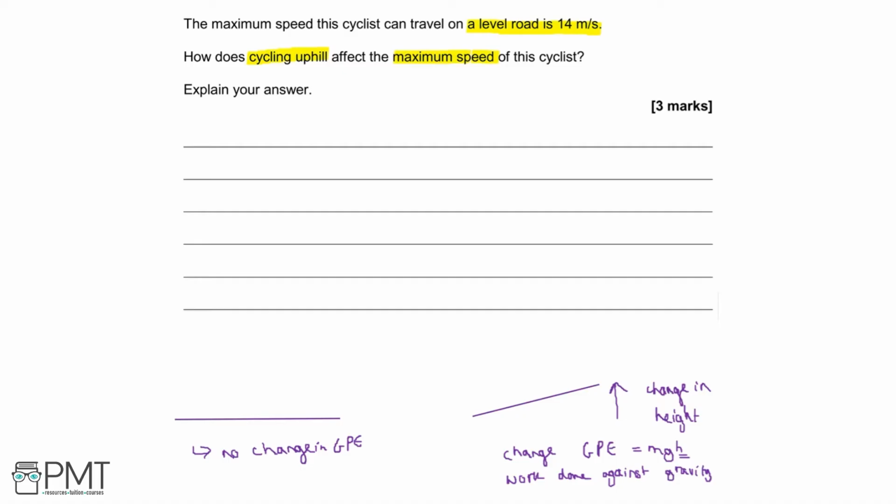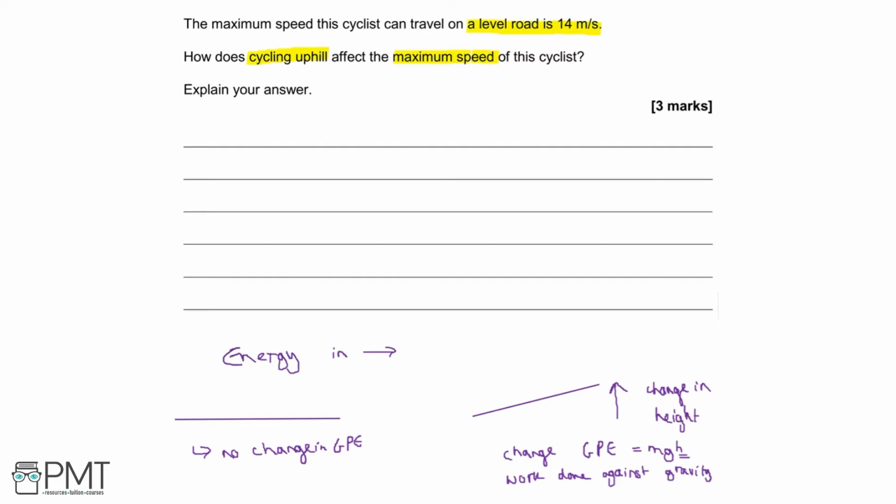So what's going to happen is that the maximum speed is actually going to decrease, because the maximum speed depends on how much of the energy that we put in is transferred into kinetic energy. And the energy that we put in is going to stay the same.